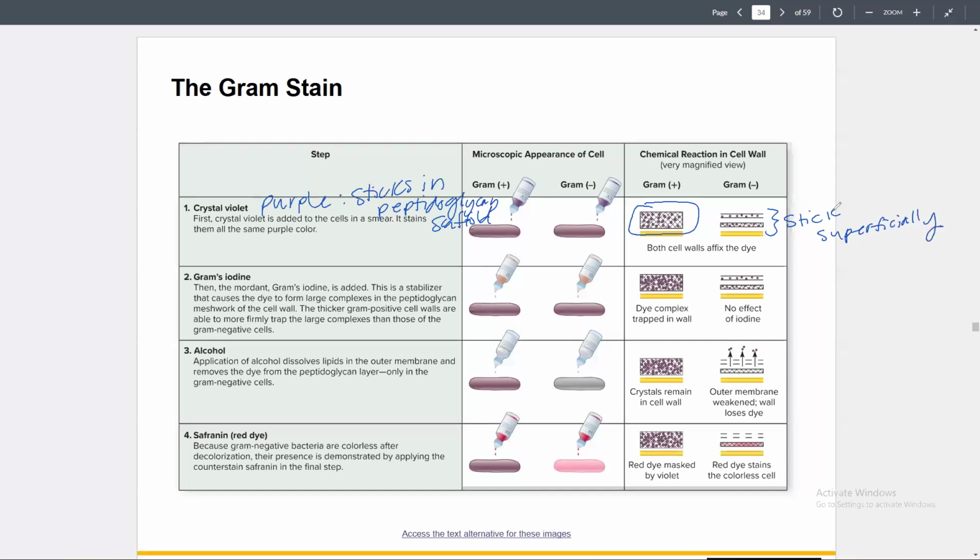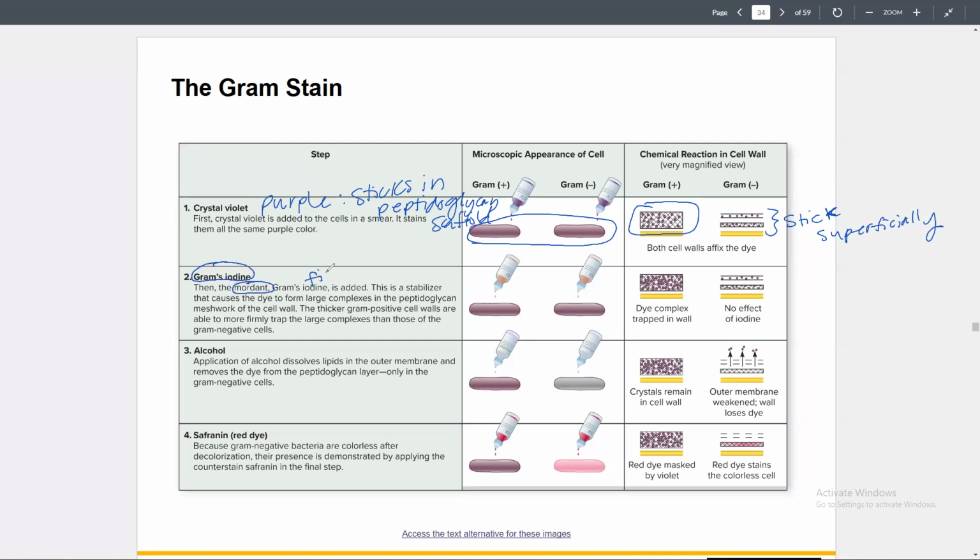So you could use this just to stain with a simple stain if you needed to. However, it's the next steps that determine everything. So here, with just crystal violet, see how everybody's purple? For the next step, we're adding iodine. Iodine is something called a mordant.